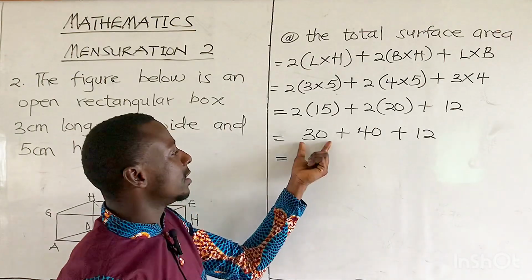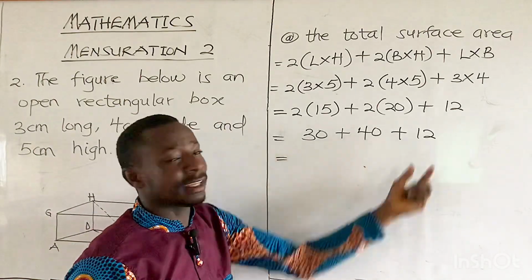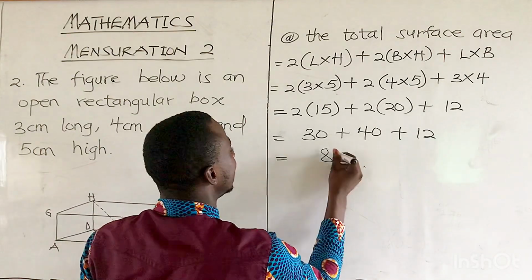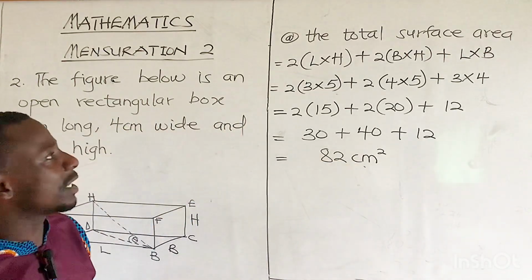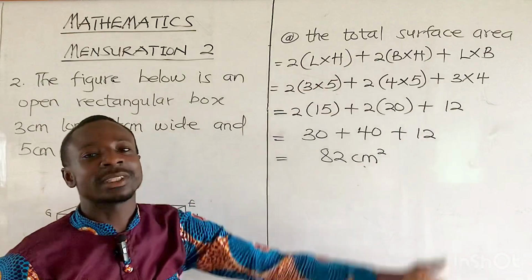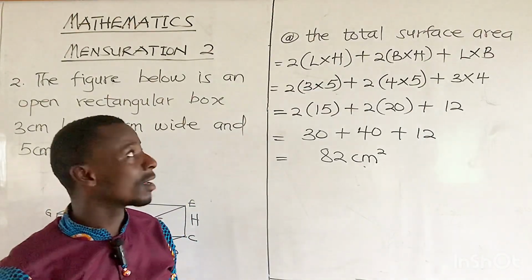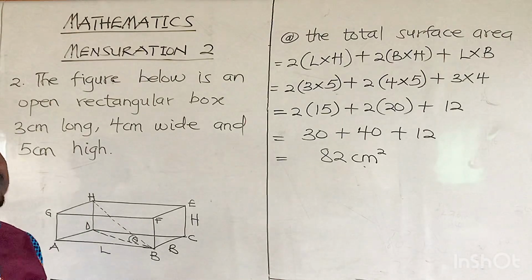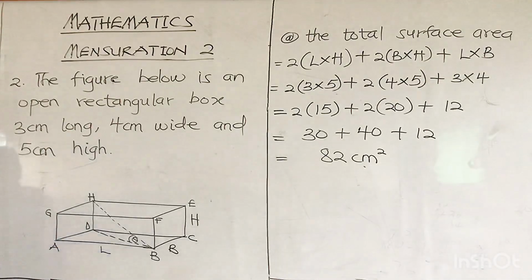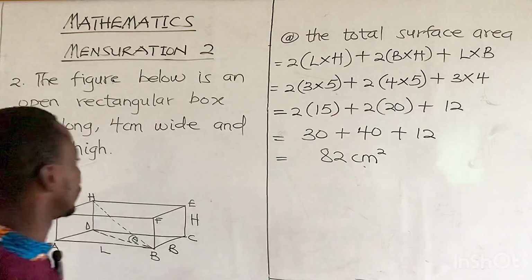And when you add 30 plus 40 plus 12, we have 82 centimeters squared. Centimeters squared because we are looking for the total surface area. From here, we are going to look at the volume. So let's look at the volume.